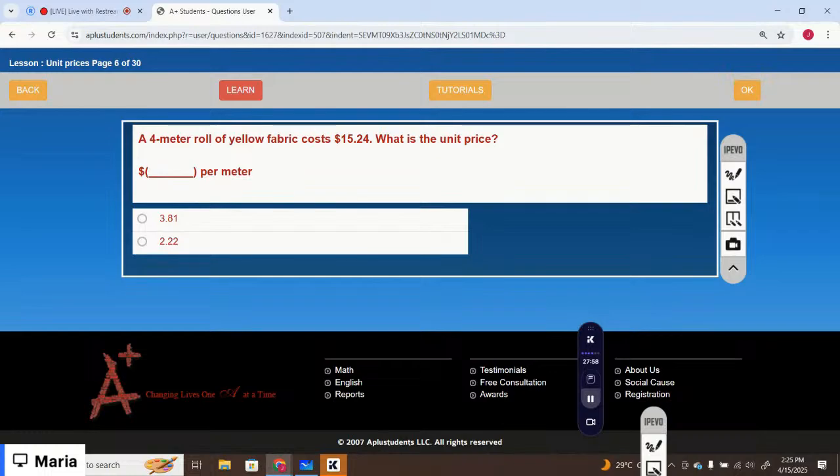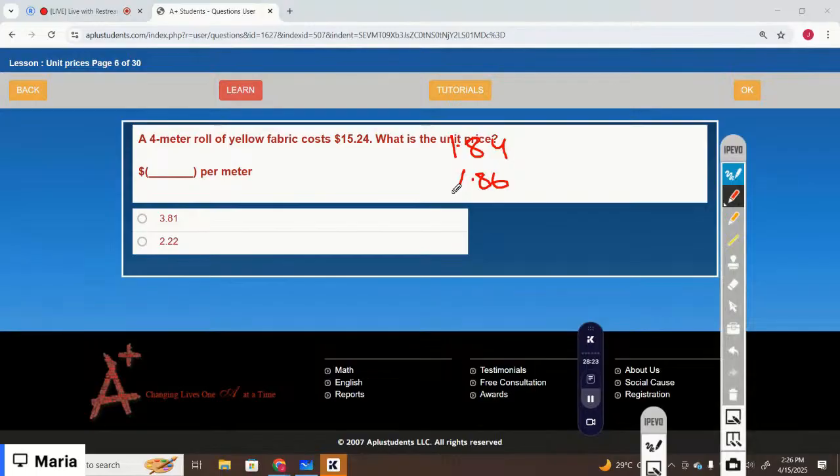4 meter roll of yellow fabric costs $15.24. What is the unit price? Which is the correct option? That is 15.24 divided by 4.